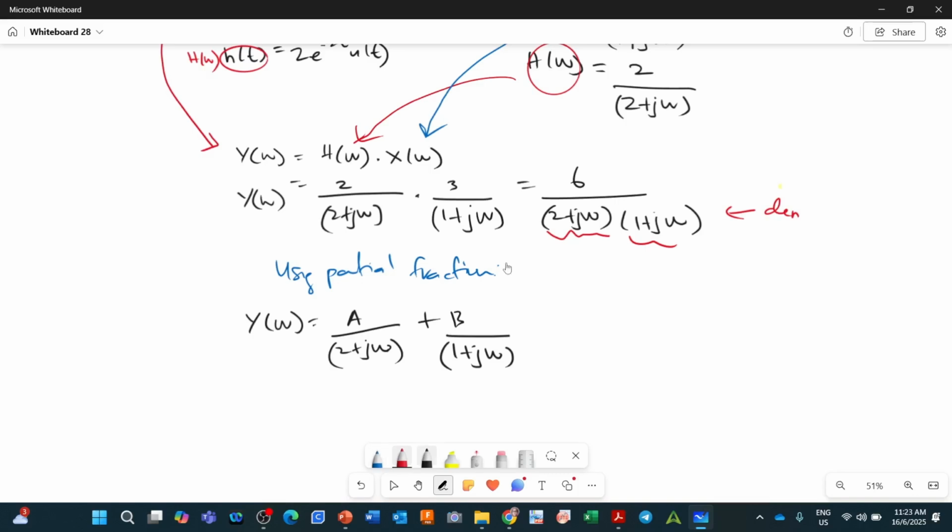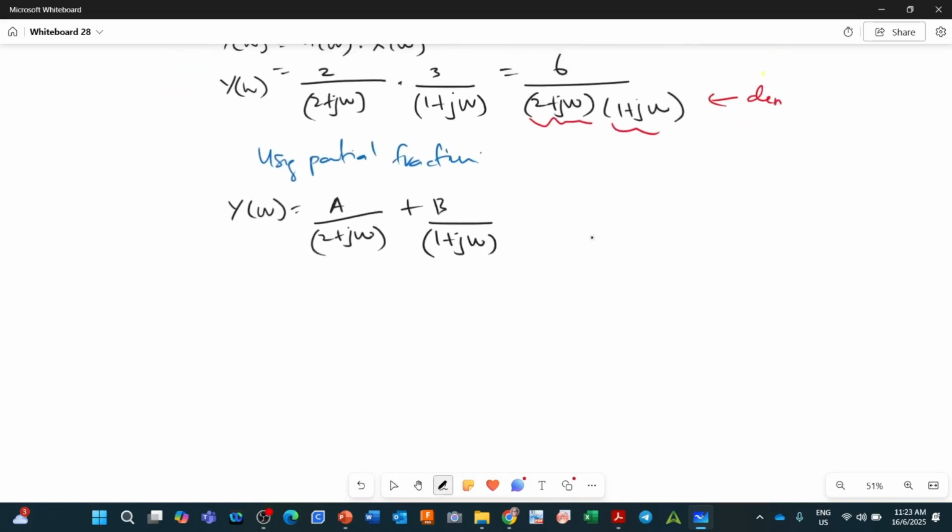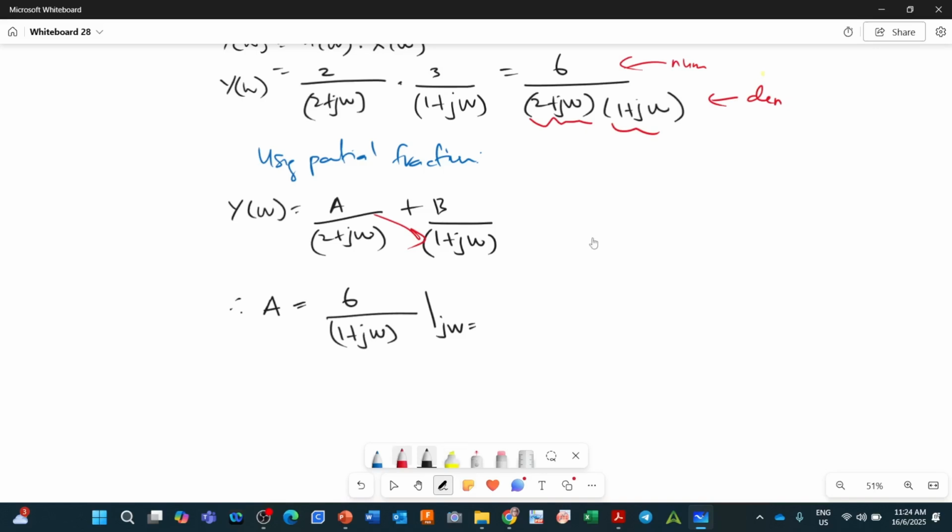Okay, so anyone remember how to do partial fraction to get A and B? For A, you take the numerator on top here. You write first the numerator, A equal to 6, and then you cross out the factor, so 6 over 1 plus j omega, whereby j omega equal to minus 2.